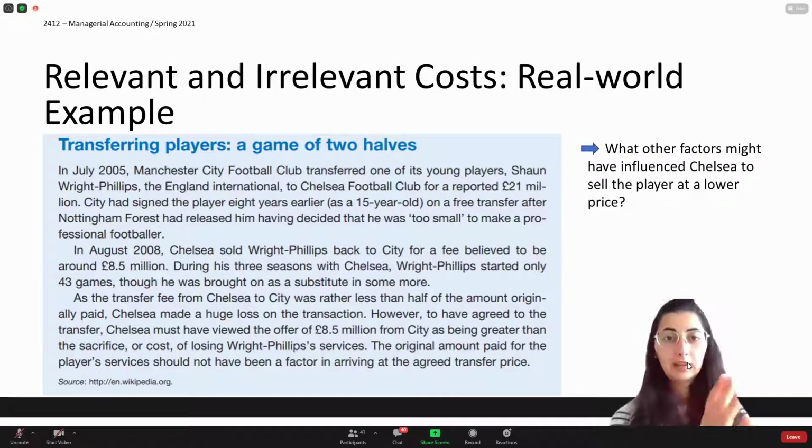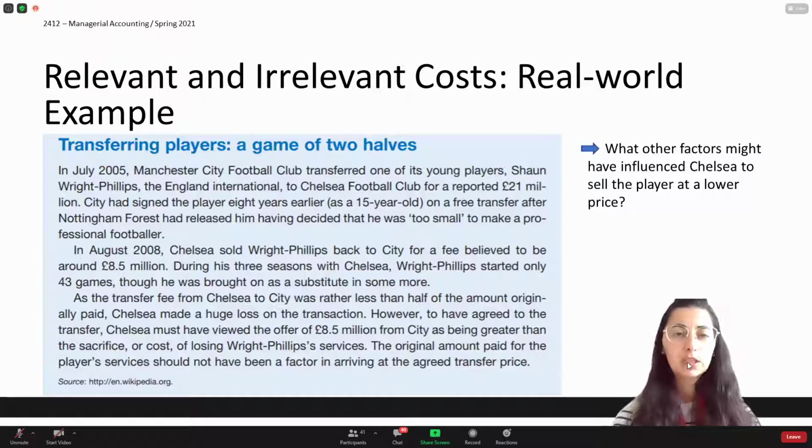So we look at the current value that we have registered in the books. But just to notice that depreciation does not involve cash flows as such, so it is not considered a relevant cost.